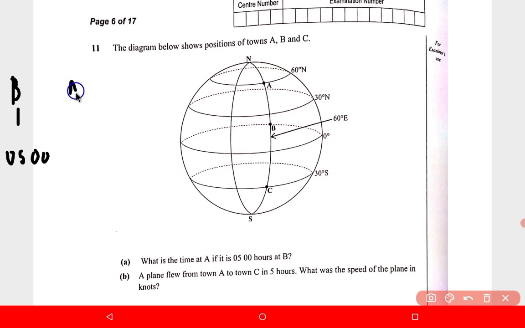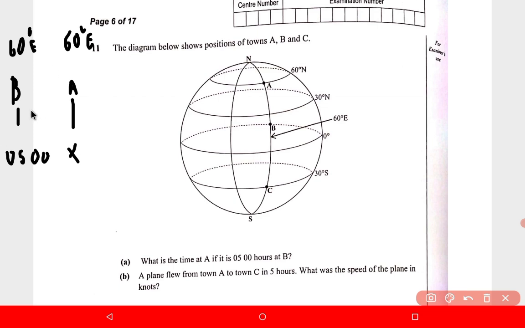The time at A you do not know. Now these two, they are both on 60 degrees from what I'm seeing here. This longitude here is 60 degrees.